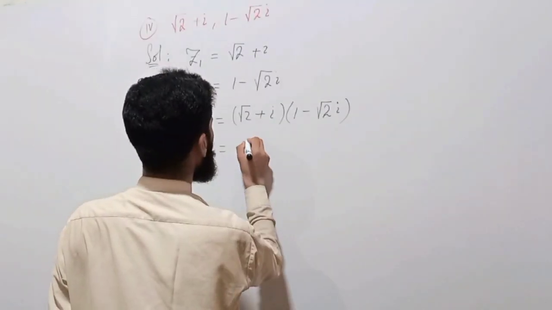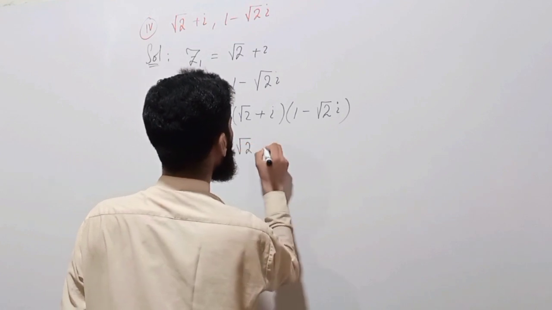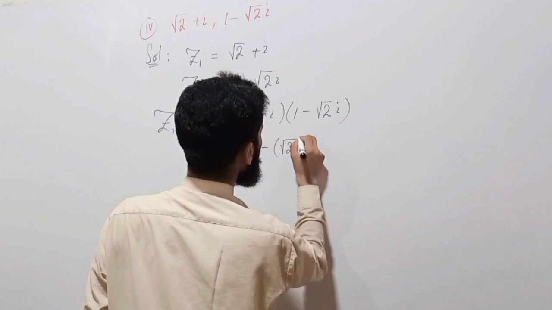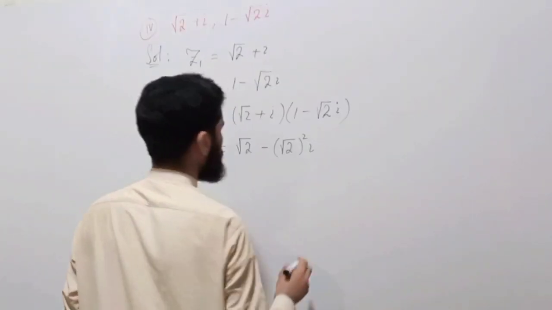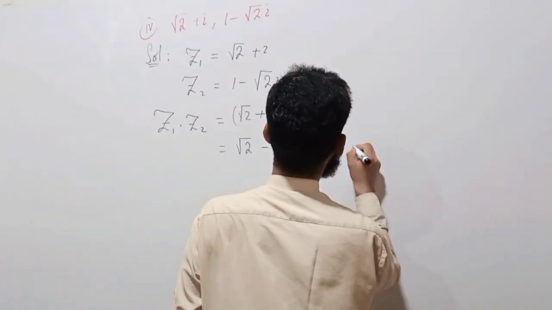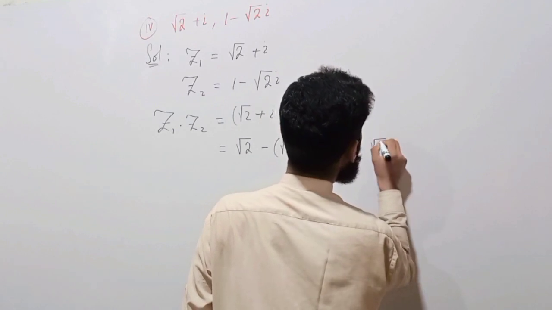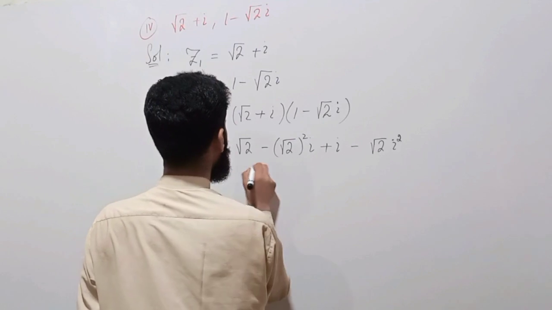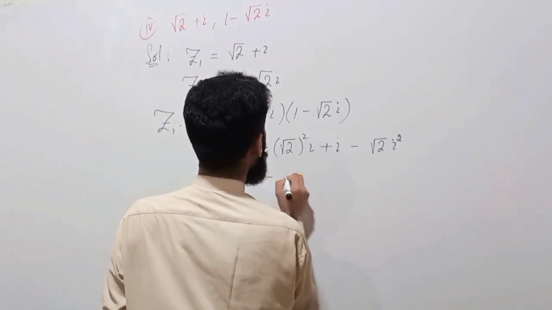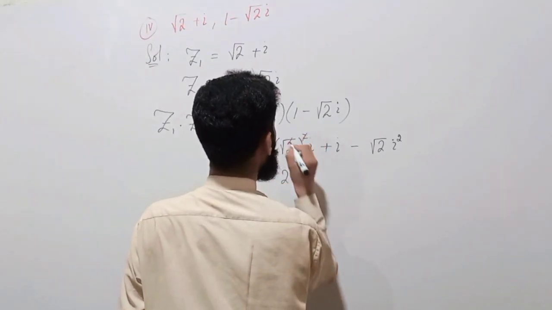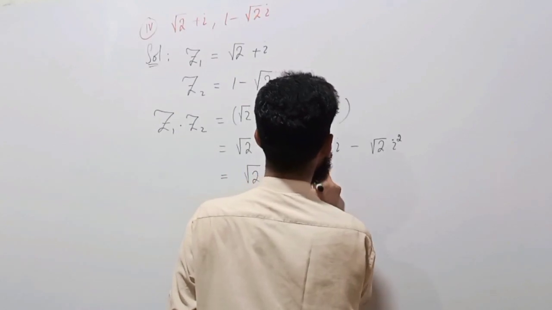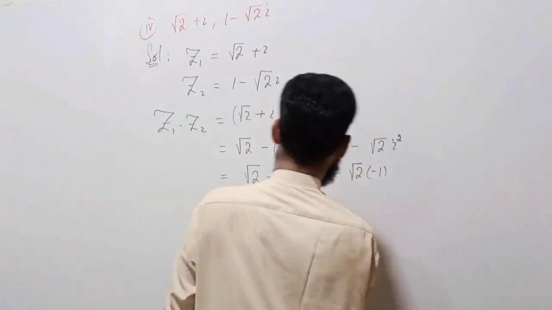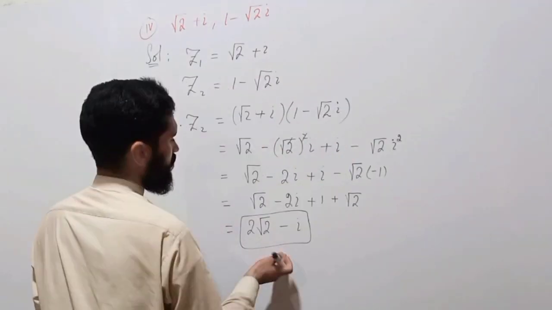That gives root 2 minus root 2 square iota plus iota minus root 2 iota square, which is root 2 minus 2 iota plus iota plus root 2, minus 1. This is the required result.